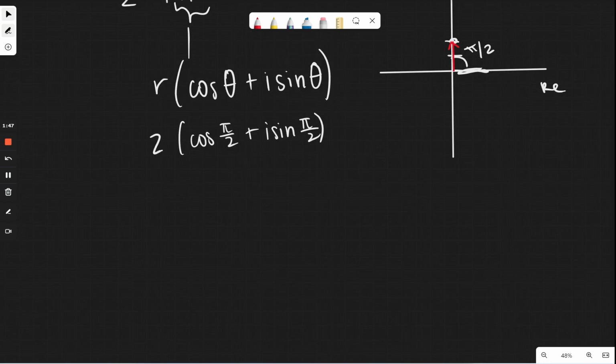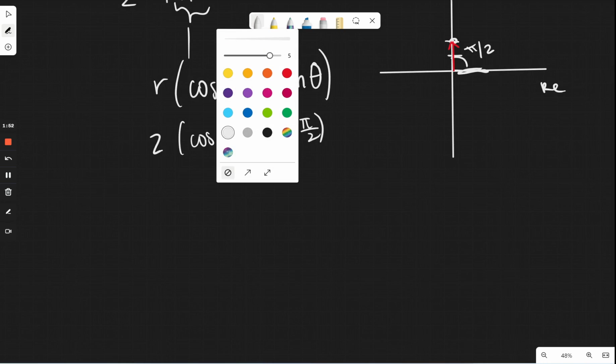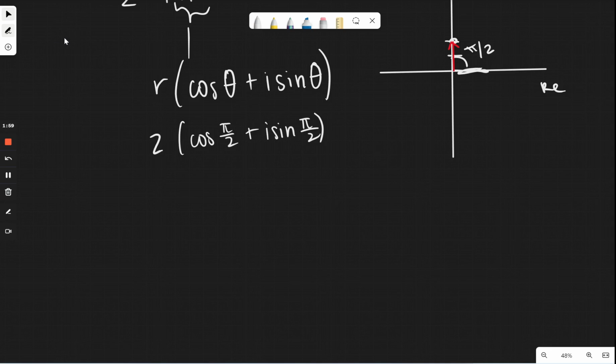Let's say we had the number square root 3 minus i. How do we represent that when we have, let's say, w equals square root 3 minus i?